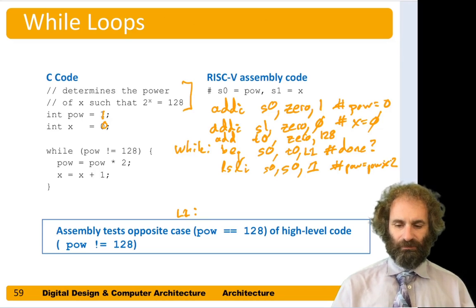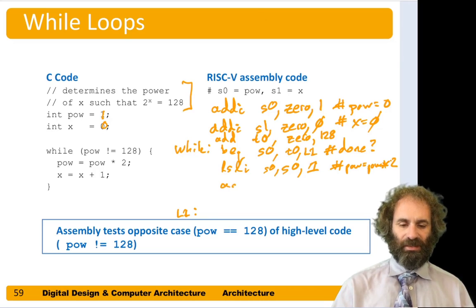All right. And then add 1 to x. Add, S1 gets S1 plus 1. And then we're done with this loop, so we need to go back and check the condition. So we want to unconditionally jump back to the while loop.